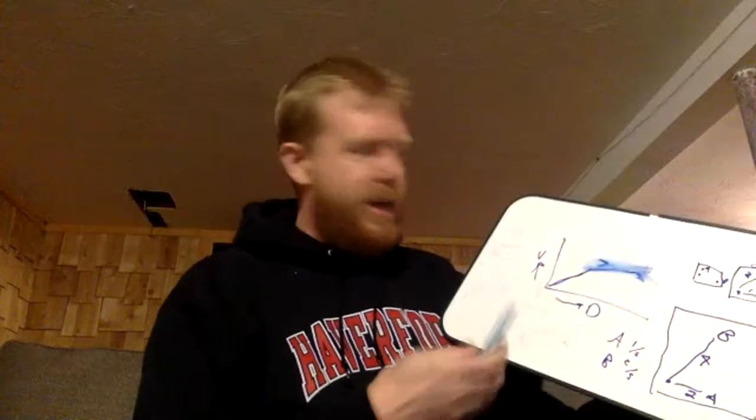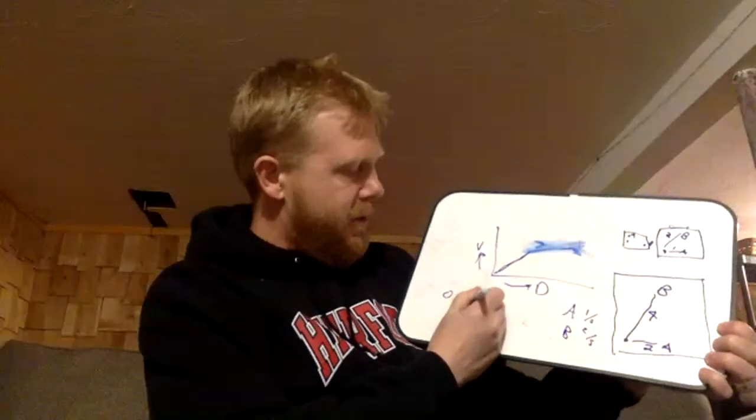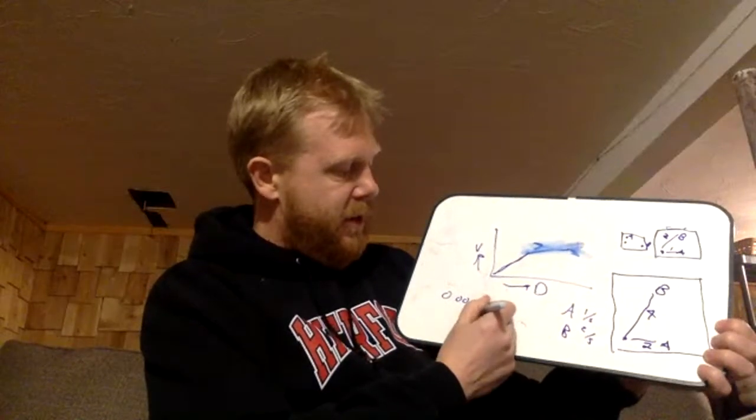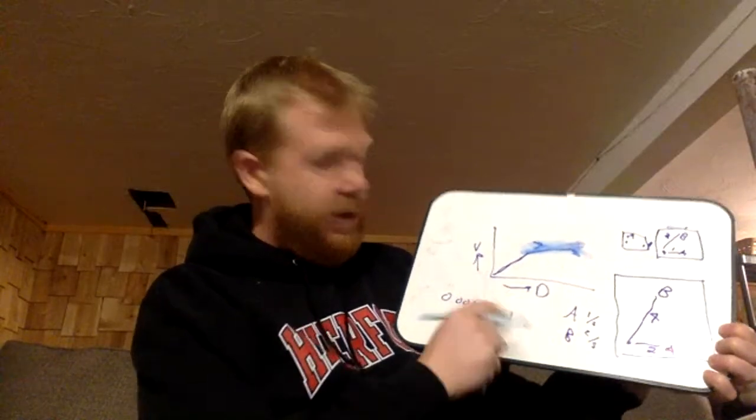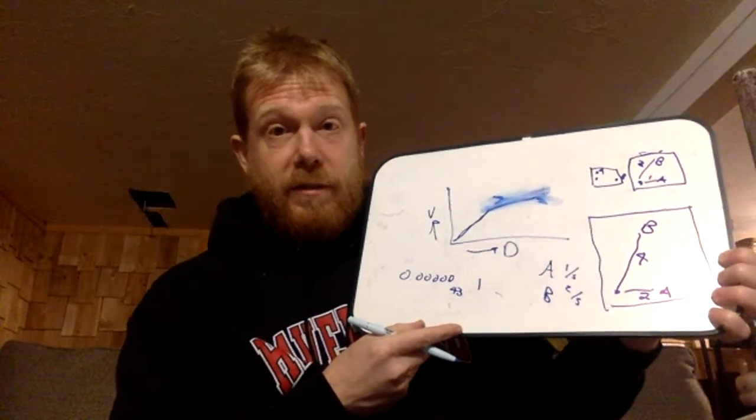In fact, using the Big Bang Theory in its most modern form, we can go back to a time that is 0.00000... I'm not going to do this. Literally 43 zeros with a 1. That many seconds since the beginning of time.